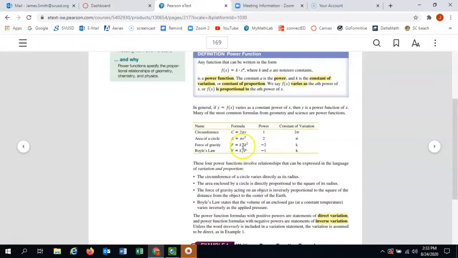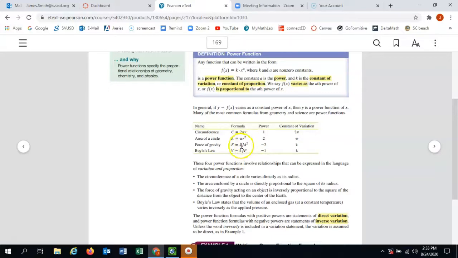Down here is where we get into inverse variation. Inverse variation is where you are now doing the constant divided by the variable. So this will be inverse variation. Keep in mind, whenever you put an exponent on the bottom of a fraction, they're identifying that as a negative, because if you remember your rules with exponents, a negative exponent caused a variable to go below the fraction bar.